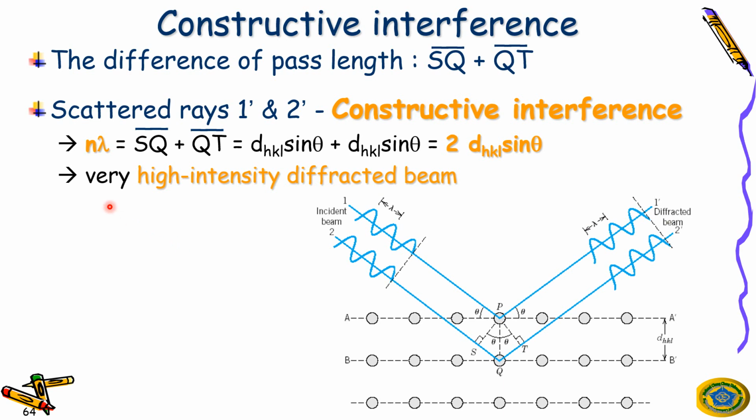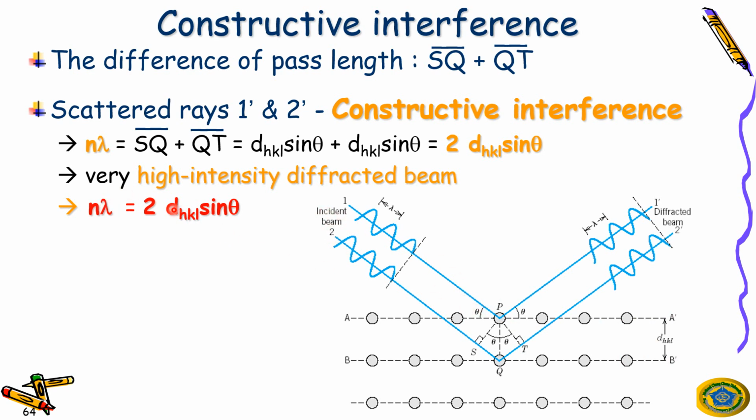So ladies and gentlemen, I want you to remember n lambda equals 2d sine theta. Easy, right? You need to remember this. Very likely this will be in your midterm exam, final exam paper. All the information you need to know is the wavelength of this X-ray, the d spacing between the atoms in plane A and plane B, and the incident angle theta.